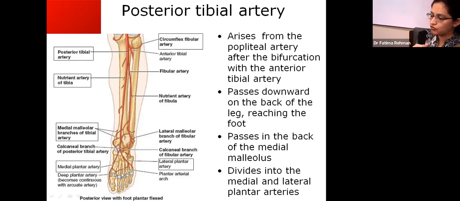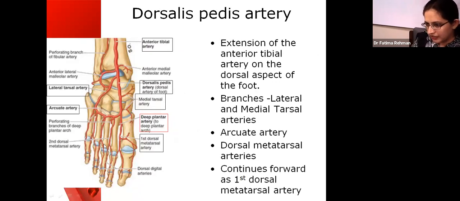It goes from the plantar aspect of the foot to the dorsal aspect of the foot, or on the dorsum of the foot. Once it lies on the dorsum of the foot, it joins the branches of the dorsalis pedis artery over here. It joins the dorsal metatarsal arteries, and now both of these, the branches of the deep plantar artery as well as the dorsal metatarsal artery, continue forward and are responsible for giving off the dorsal digital branches.